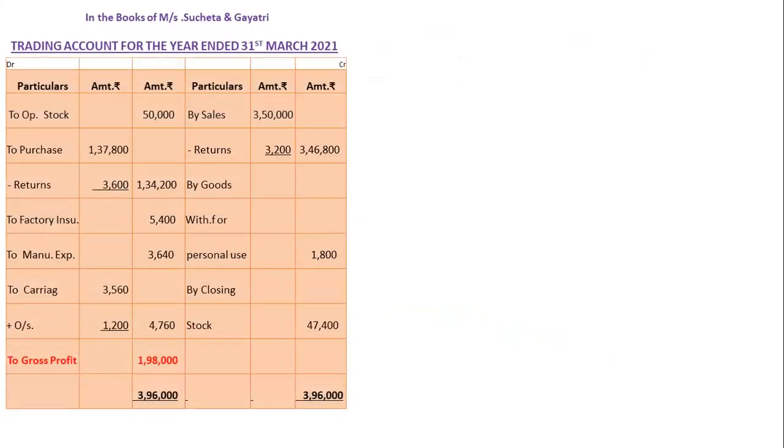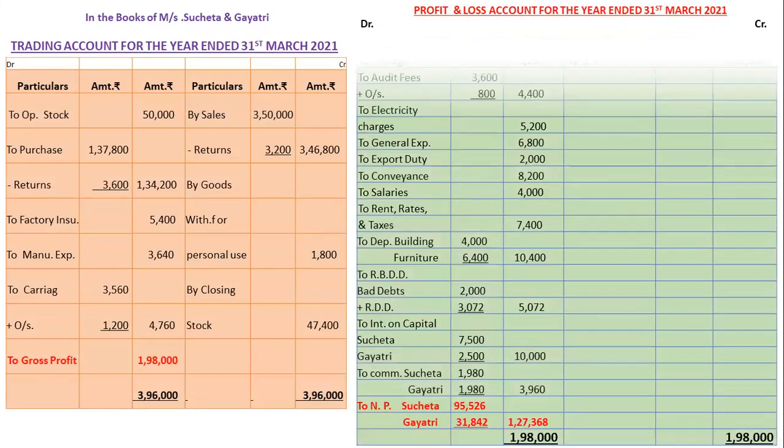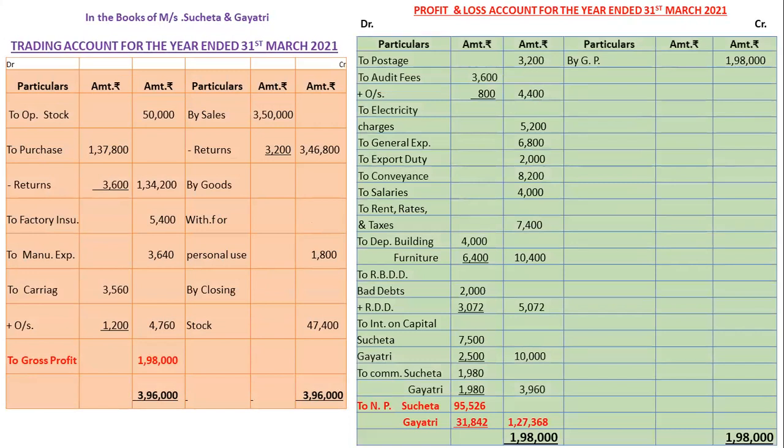In the books of Messrs. Sucheta and Gayatri, trading account for the year ended 31st March 2021. See how we have to discuss all the items of trial balance posted to trading and profit and loss account.